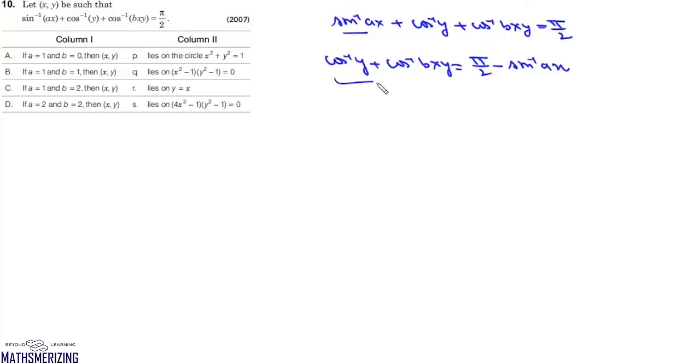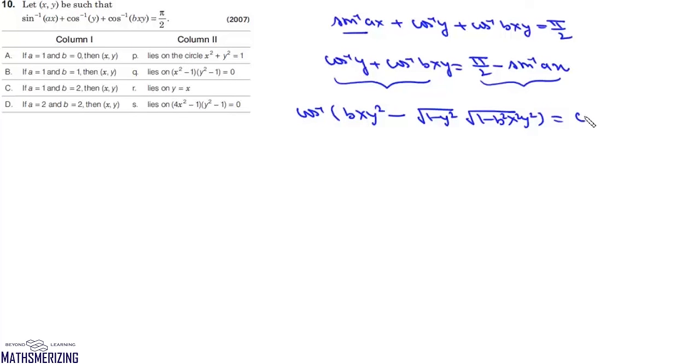Now we'll use the formula for cos inverse X plus cos inverse Y. We can write this as cos inverse of BXY square into under root of 1 minus Y square into 1 minus B square X square Y square, and it'll be equal to pi by 2 minus sin inverse AX, which is nothing but cos inverse of AX.